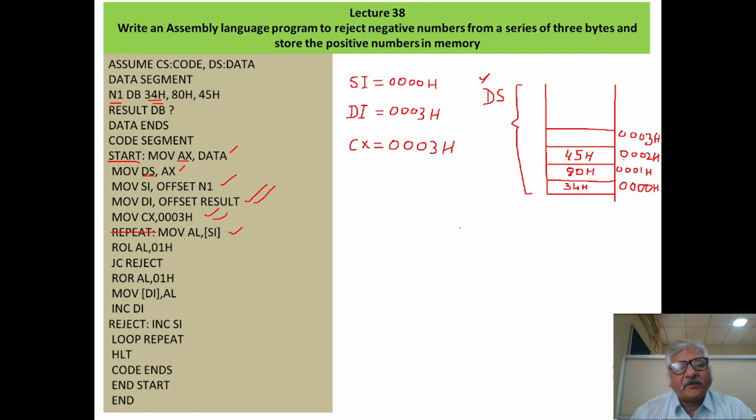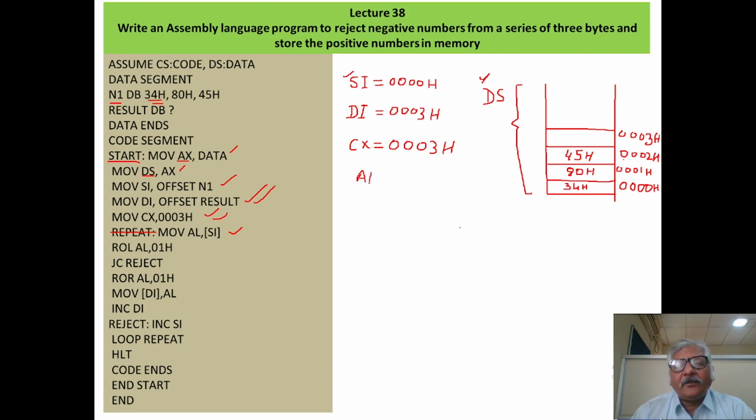Now see this instruction, move AL comma within bracket SI. The data whose offset address is defined by SI will be moved into AL. In SI we have 0000, so from this offset we have data 34H. This data will be loaded in the AL register.